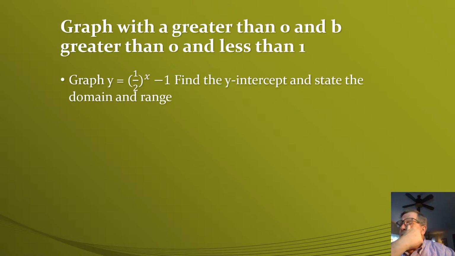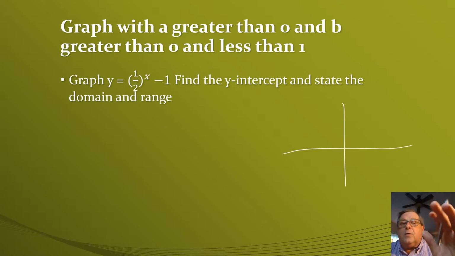Now, this 1/2, when the base is greater than 0, less than 1, we actually have what we could characterize as an exponential decay function. We'll learn the difference between growth and decay functions. But just to give you an idea of what that function is going to do and how it's going to be different, it's actually going to be reflected or flipped across the y-axis, and it's going to be characterized by something that looks more like this right here.